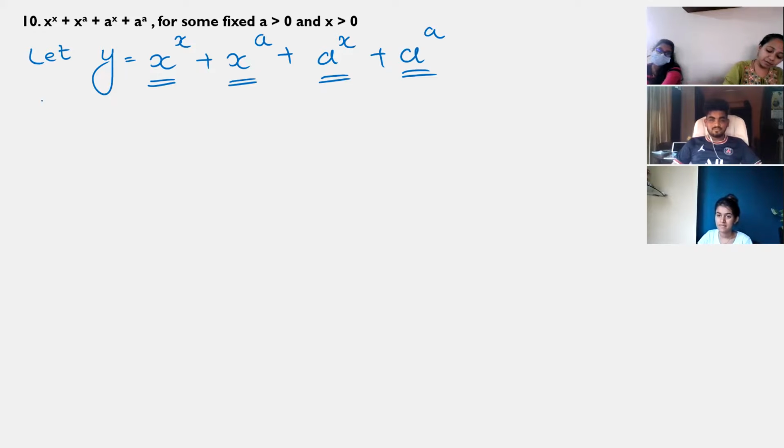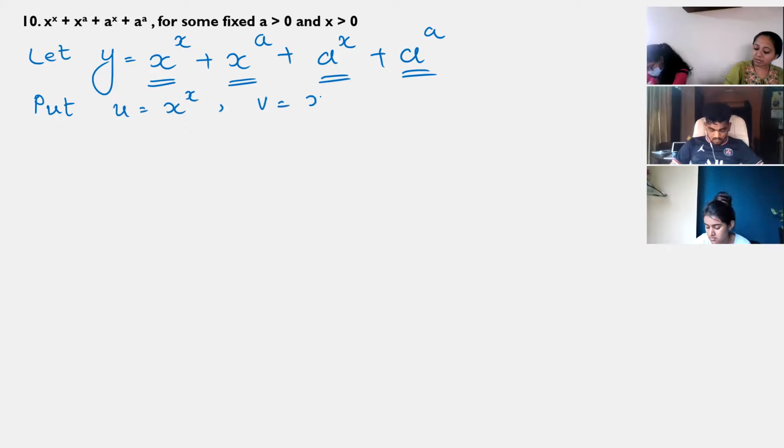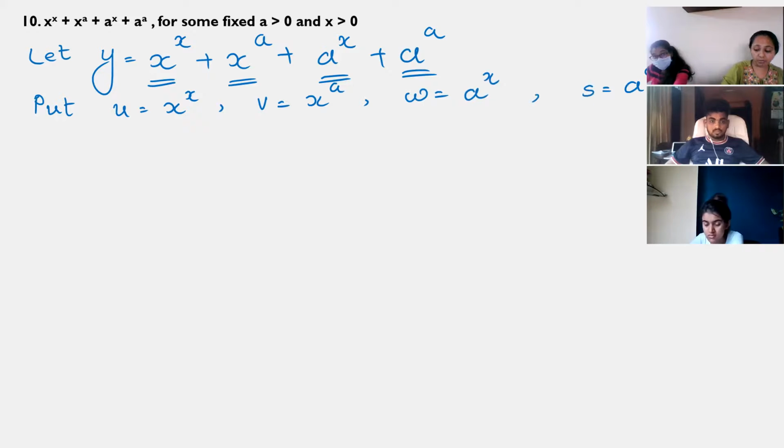So let's start putting. Put u is equal to x to the power x, v is equal to x to the power a, w is equal to a to the power x, and s is equal to a to the power a. 4 different terms. We have taken 4 different variables, u, v, w, s.